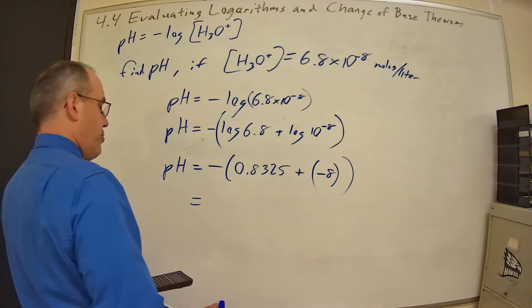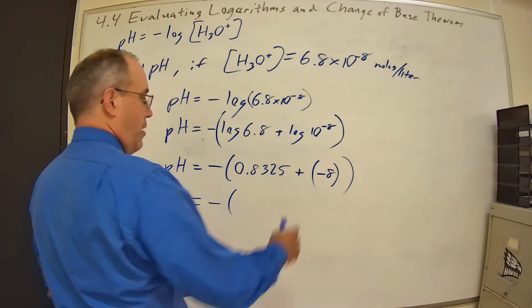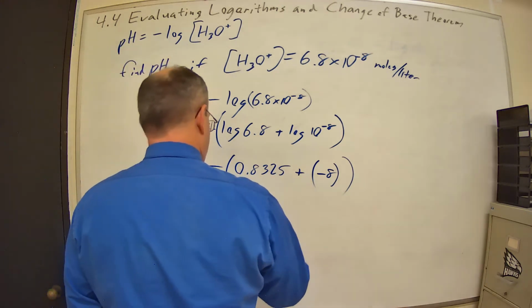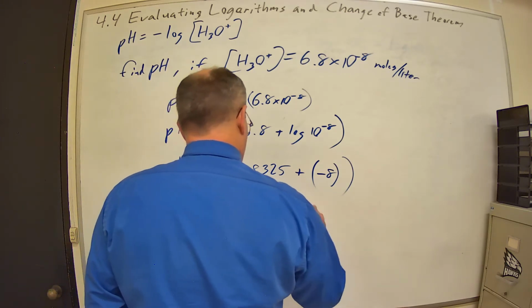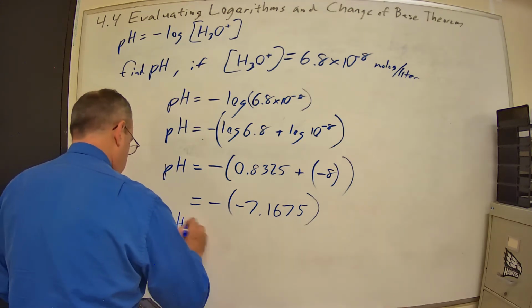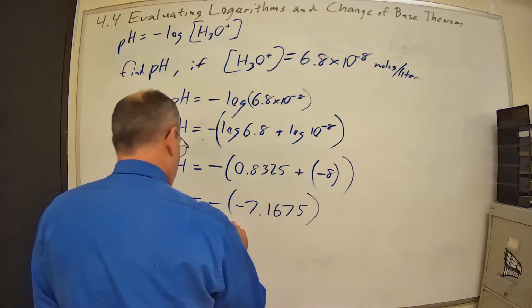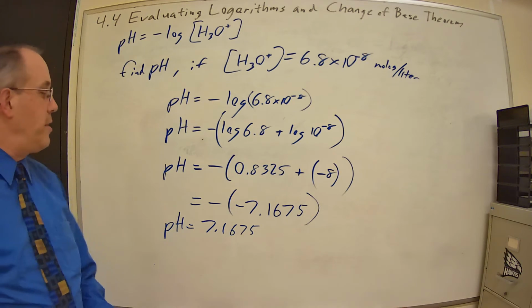So it is equal to the negation of, if you have negative 8 plus this, then we have negative 7.1675. So therefore the pH is equal to negative of negative, positive 7.1675. So there we go. So we're able to find the pH.